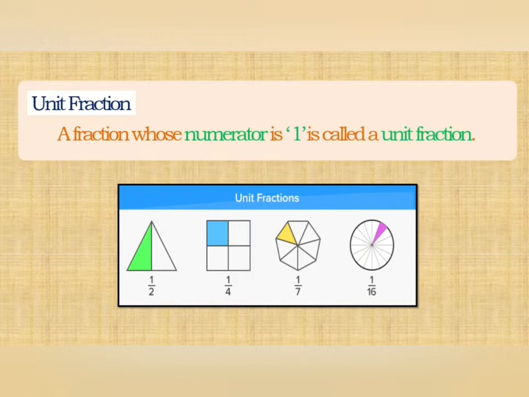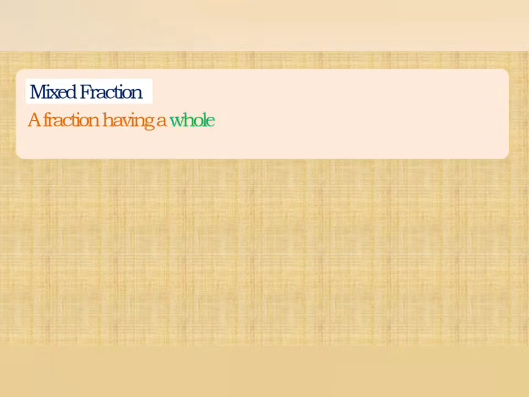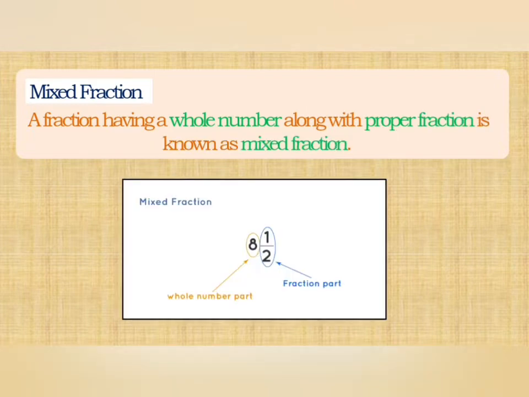So these are unit fractions. Then mixed fraction. The combination of a whole number part and a proper fraction part is called a mixed fraction. See this example, 8 1 by 2. Here 8 is a whole number, 1 by 2 is a proper fraction. So 8 1 by 2 is a mixed fraction.